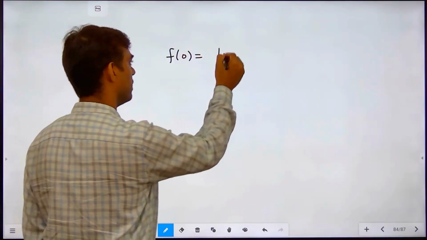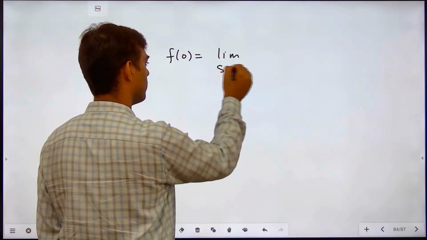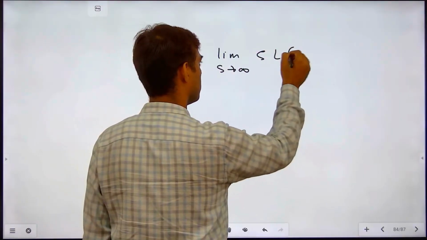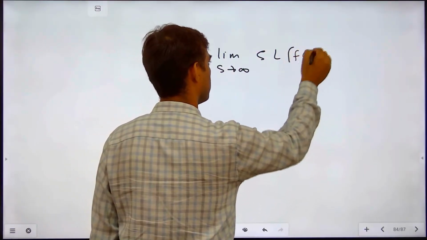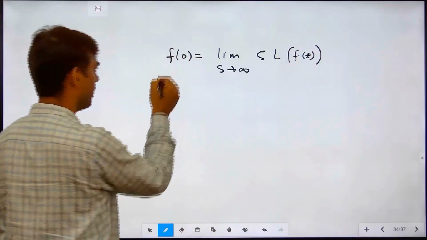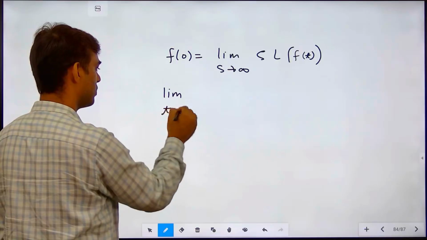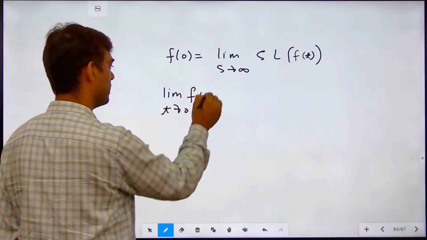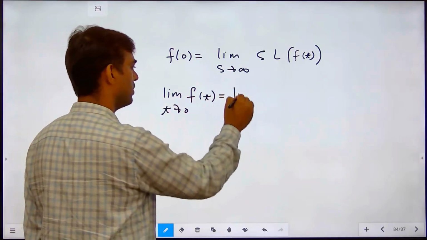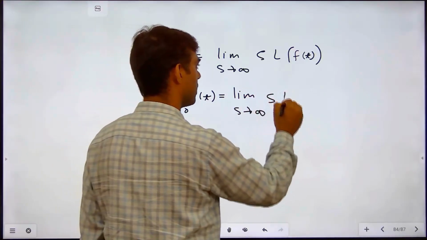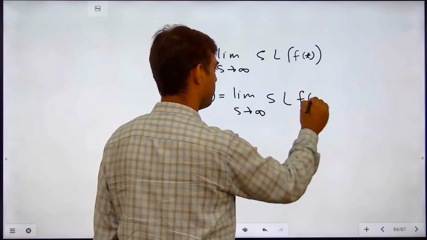equals limit s tends to infinity of s times the Laplace transform of f(t), and we may also write this as limit t tends to 0 of f(t) equals limit s tends to infinity of s times the Laplace transform of f(t).